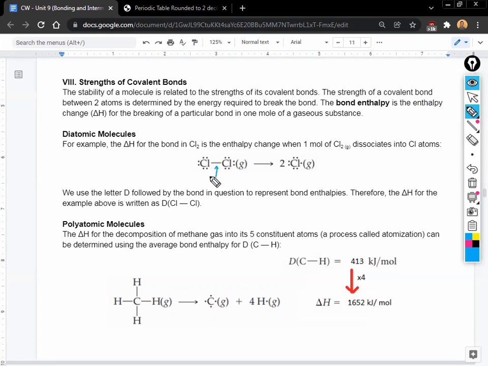So if I wanted to talk about that bond, I would write D, parentheses, and then just draw that bond, to show that that's the bond enthalpy that I'm looking at in that situation. Basically, just how much energy does it take to break that bond? Okay, and then there's going to be some kind of delta H value.